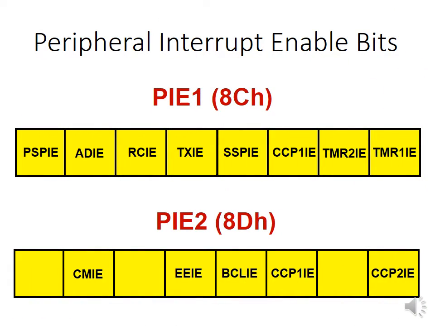PIE1 and PIE2 are SFRs that are a collection of interrupt enable bits for interrupts associated with the various peripherals that are found on the PIC 16F877. We'll discuss more about each interrupt when we get to discuss about the respective peripherals.